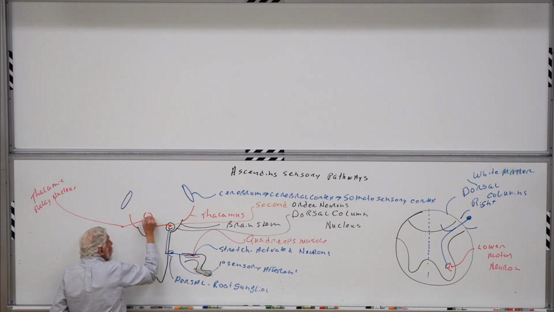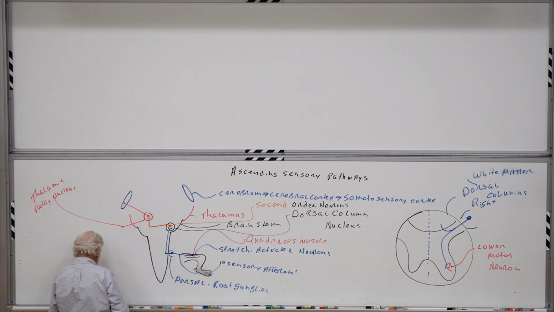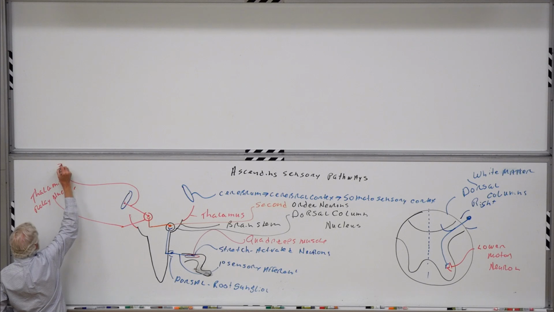Then this third order neuron here in red sends a process up to the somatosensory cortex.